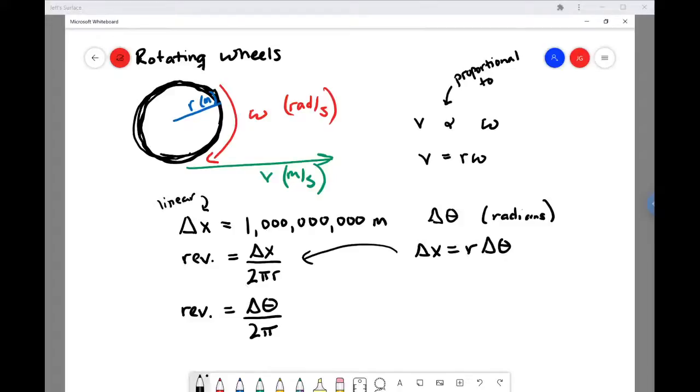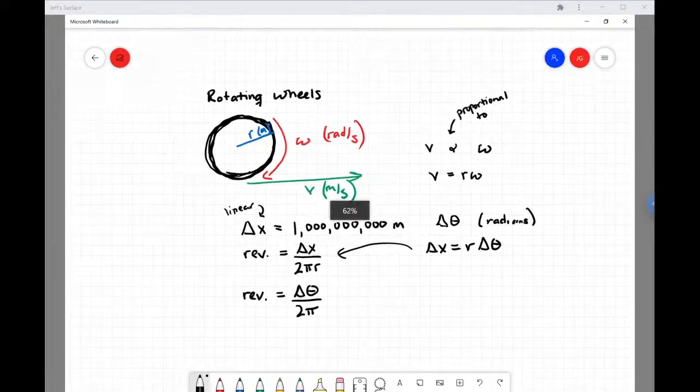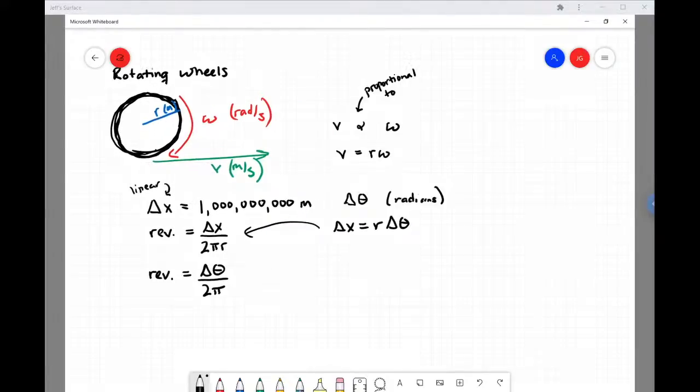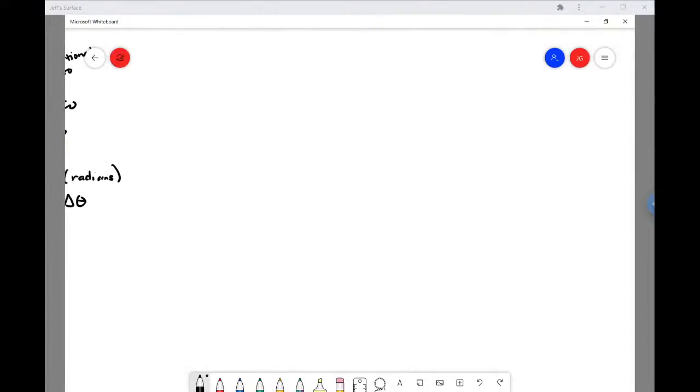All right, let's see, what's next? Let's talk about a fan or a turbine. Okay, that's another thing that spins. And so you have a central hub, and then typically the big turbines have 3 blades.